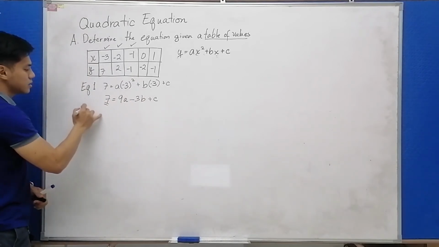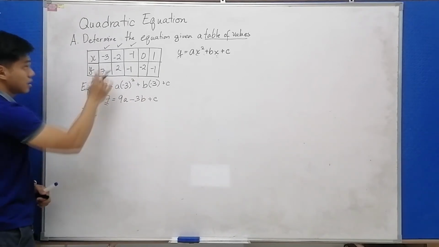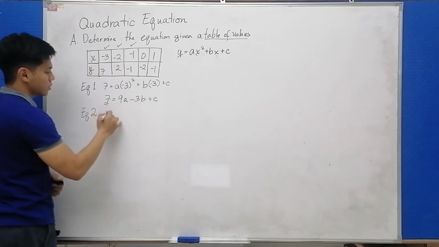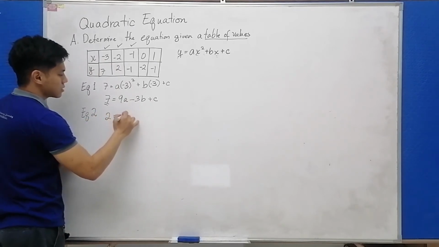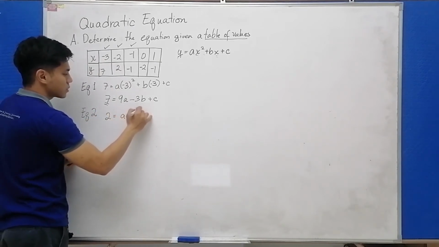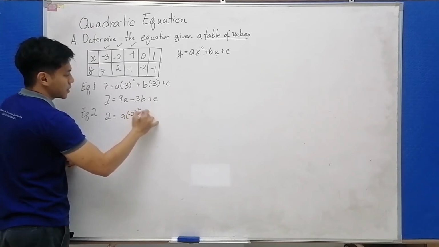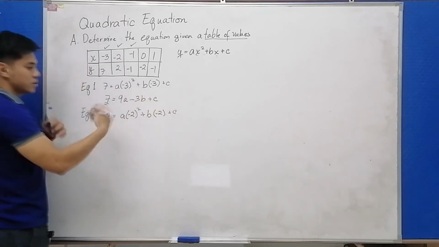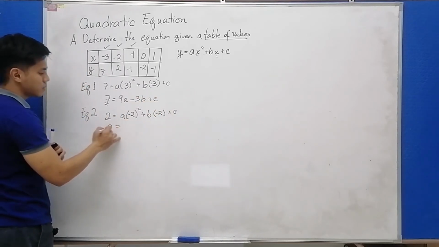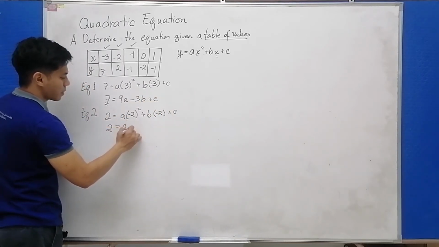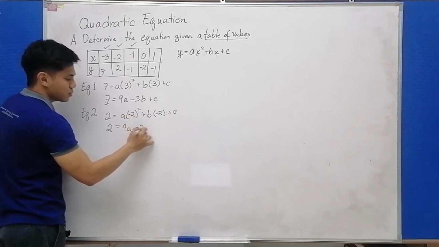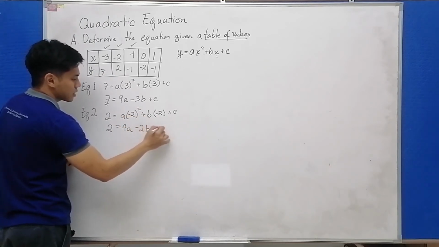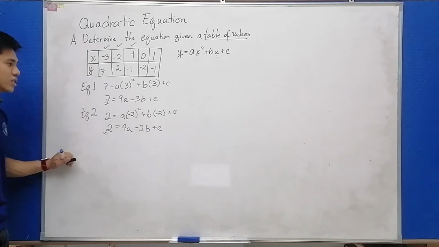Our second equation, second pair, so negative 2 and 2. So 2 is equal to a times negative 2 squared plus b times negative 2 plus c. So simplify again. We have 2 is equal to 4a minus 2b plus c. Okay, so this is our second equation.